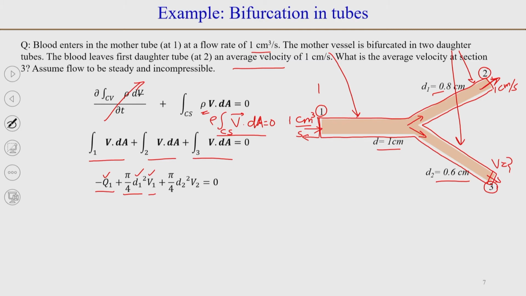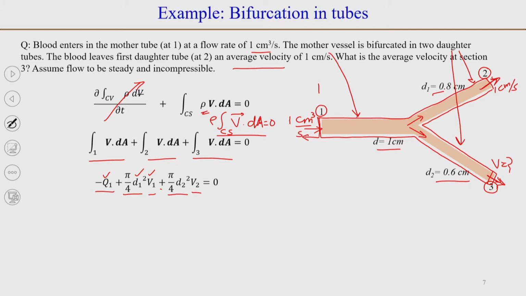At section 3, again we assume at least that the flow is going out. So, if the flow is going out, then the area normal and the velocity vector point in the same direction and the sign is positive. Area is pi by 4 d2 squared into V2.